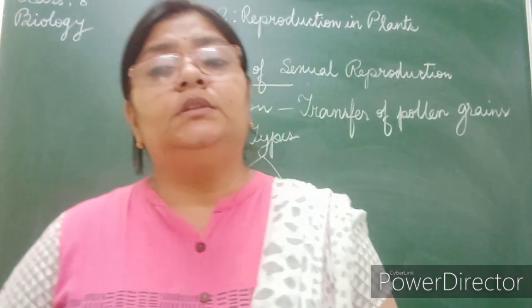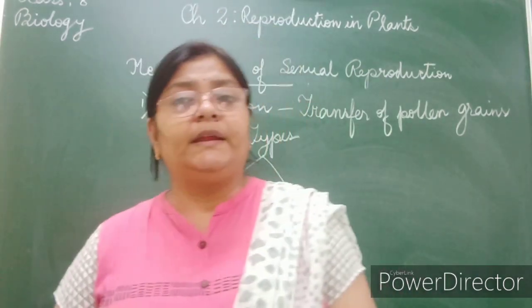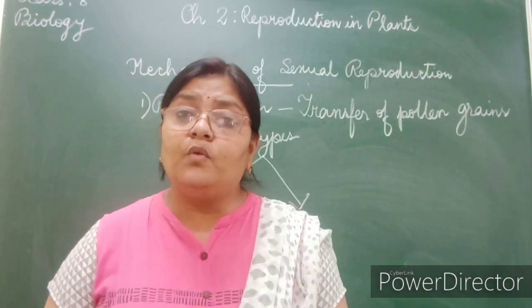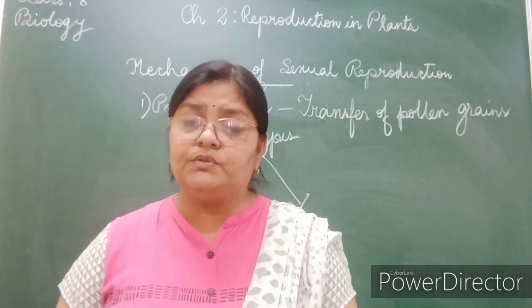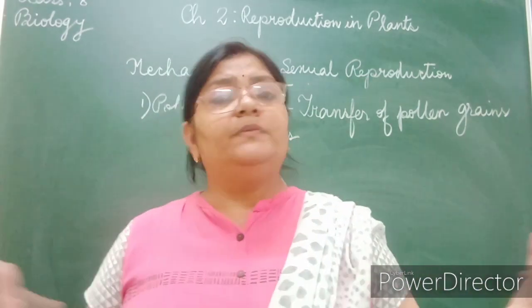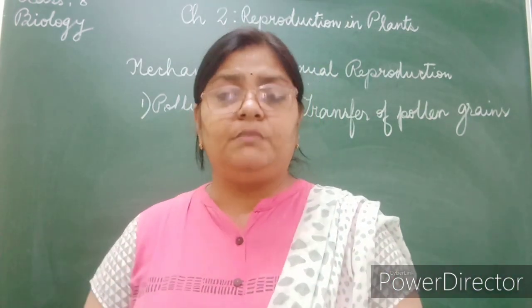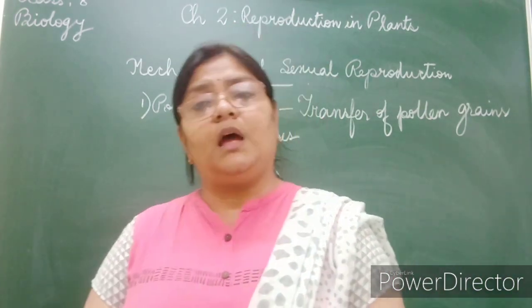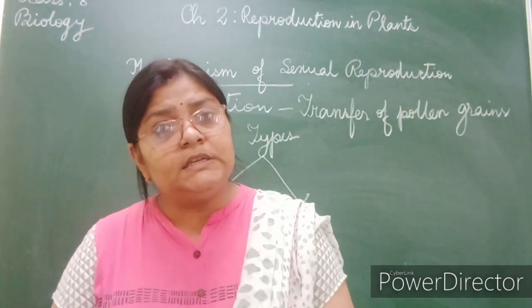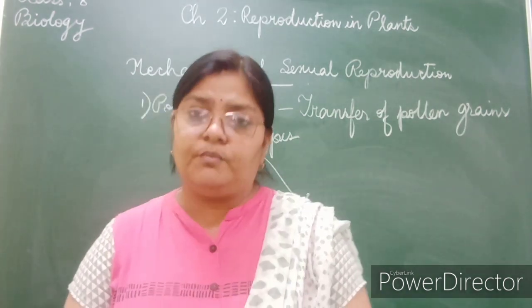Now the question might arise in your mind: how will the flower pick and choose? There must be so many pollen grains floating in the air or coming into the flower by different means. So how does the flower come to know which are its same kind of pollen grains?